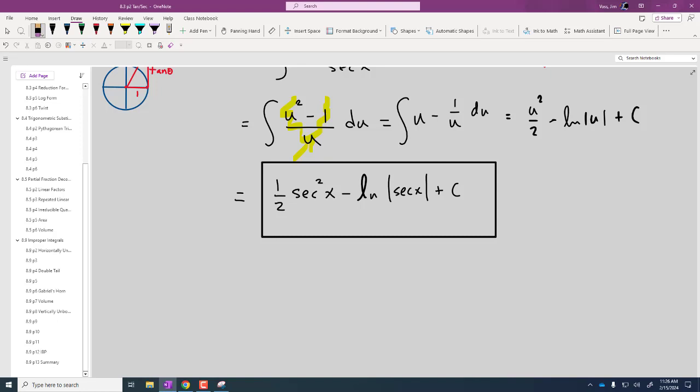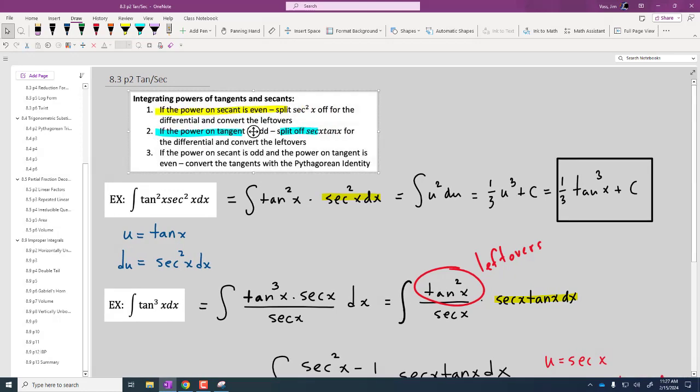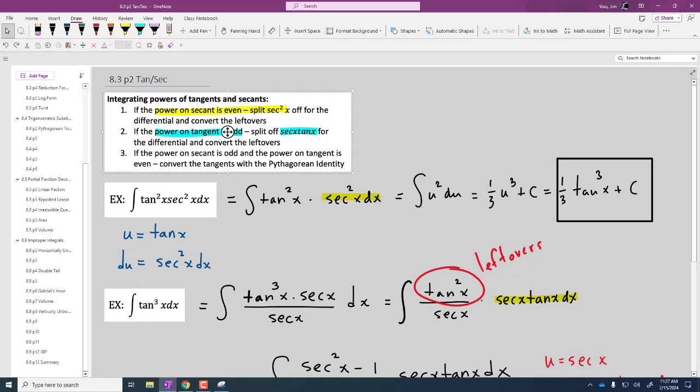What was that third fact though? So the third: we have a rule if the power on secant is even, or if the power on tangent is odd. So this just says, if the power on secant is odd, so we can't use 1, and the power on tangent is even, so we can't use 2, then we want to convert the tangents with Pythagorean identity.